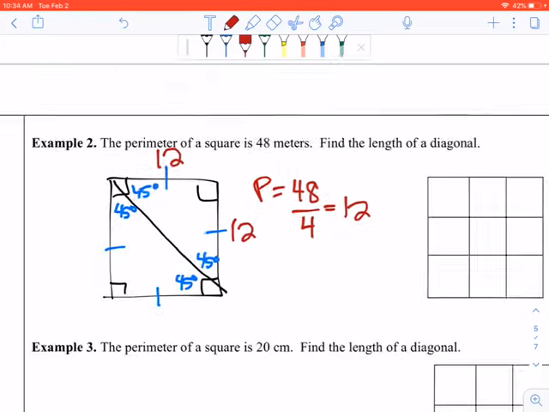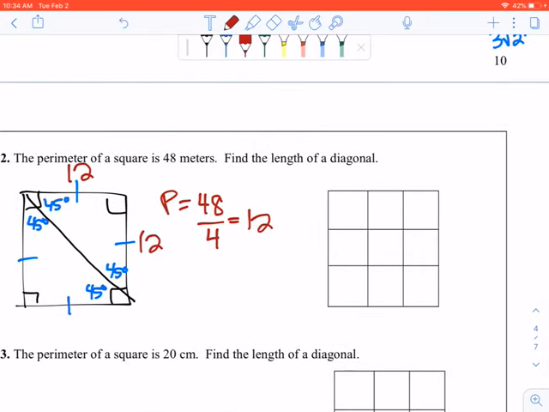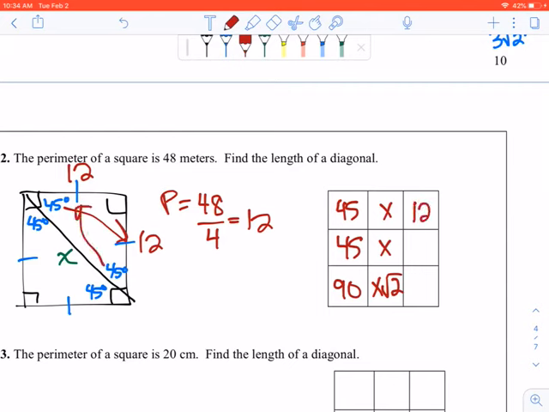Now that I have the sides, I'm going to start filling out my chart. I'm trying to find the diagonal, so I'll make that x. So in my chart we have 45, 45, 90, and then we have x, x, x root 2. In this case, our 12 is across from 45, if we look back at the picture. So across from 45 in my chart is 12.